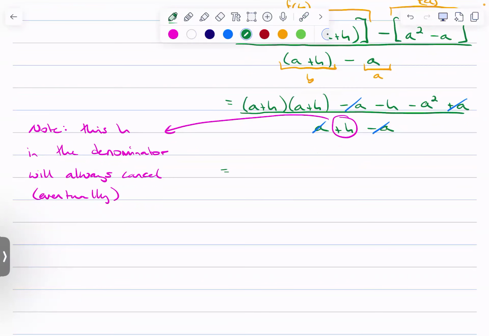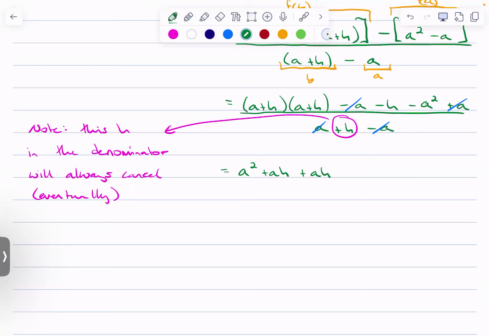A times a is a squared, plus a times h is ah, plus h times a. Now, I will just write that as ah, right? A times b is the same as b times a, just to make it a little bit easier to see what happens.